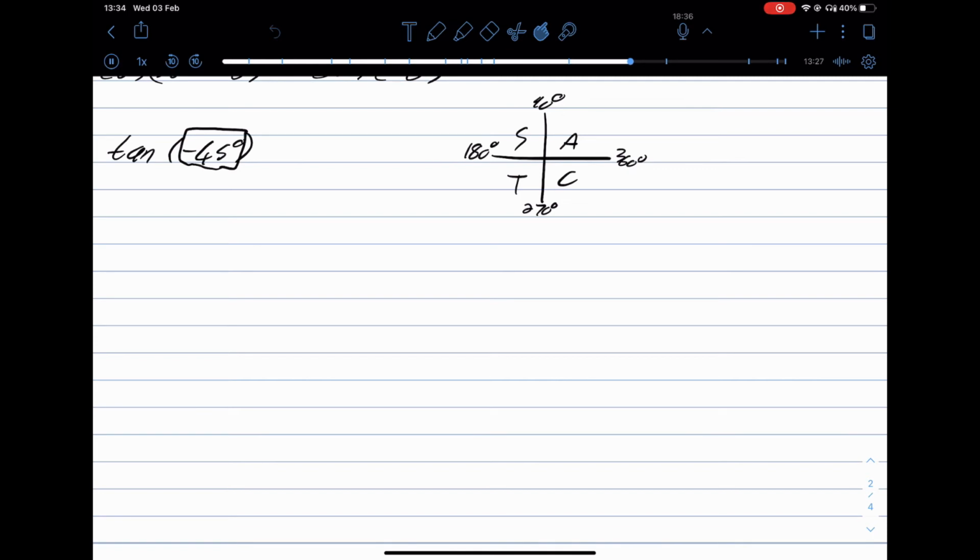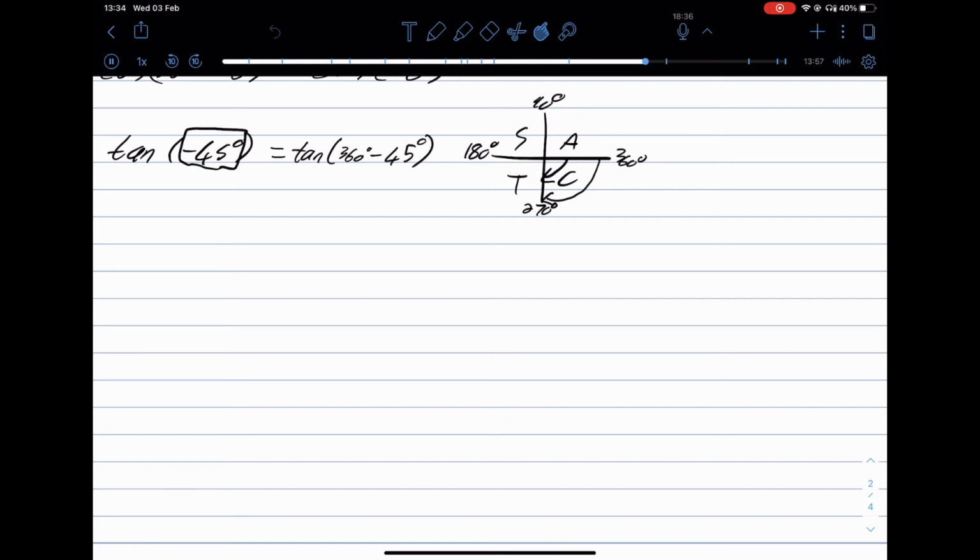We already discussed that it would be in this one, because it's negative, so it's measured clockwise, whereas we usually measure counterclockwise. And it's acute, so it's got to be between 360 and 270, because this would be the same as tan 360 minus 45 degrees.